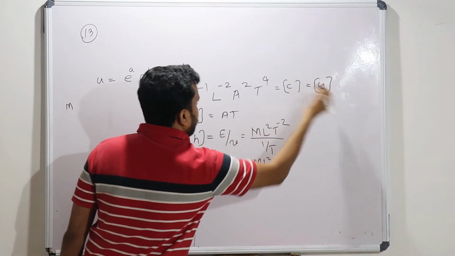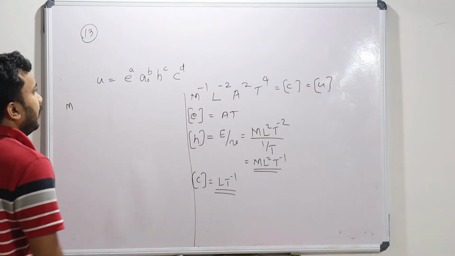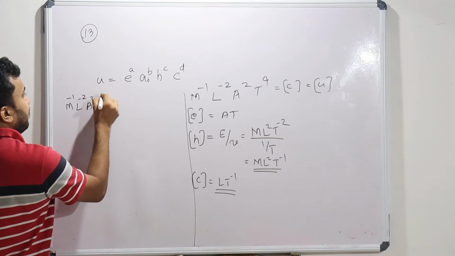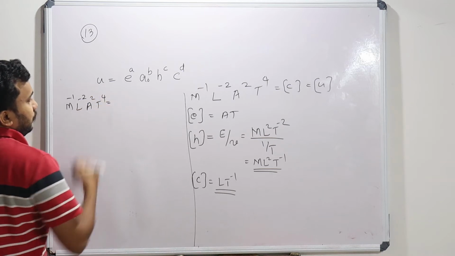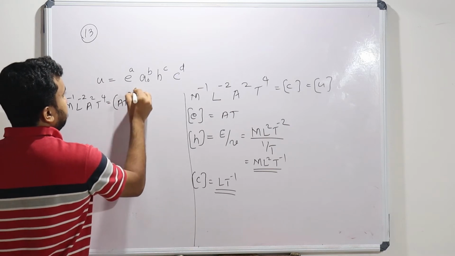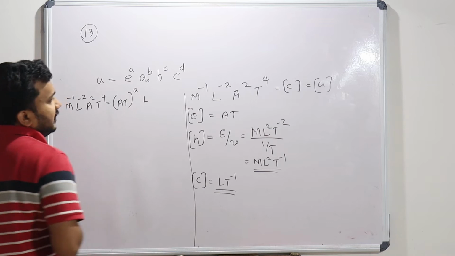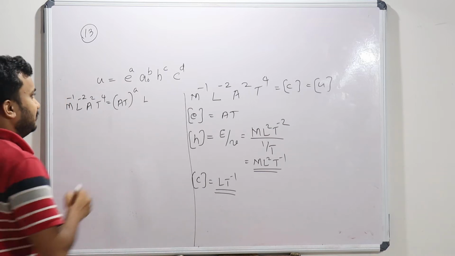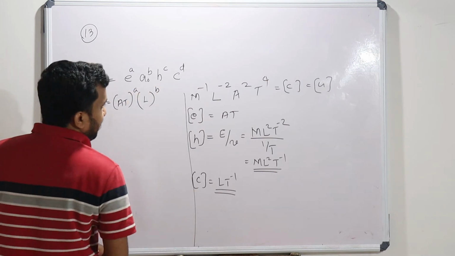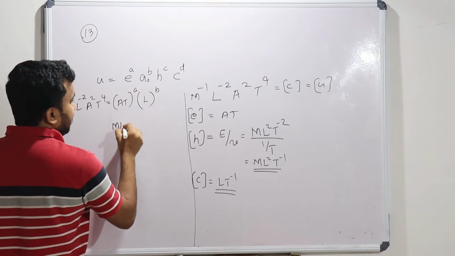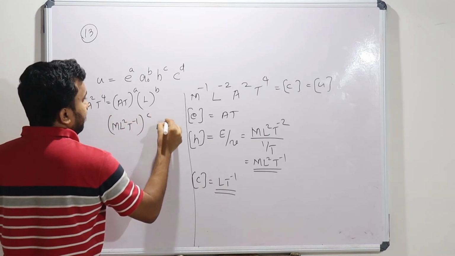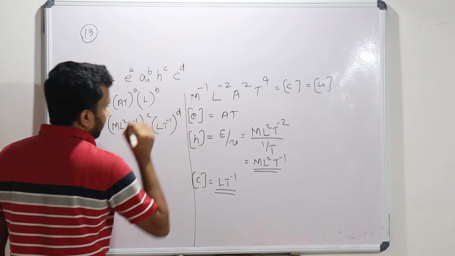So M power minus 1, L power minus 2, A square, T power 4 is equal to AT power a, and a0, the Bohr radius, which means distance, L power b, and h, Planck's constant, M L square T power minus 1 raised to c, and L T power minus 1 raised to d.